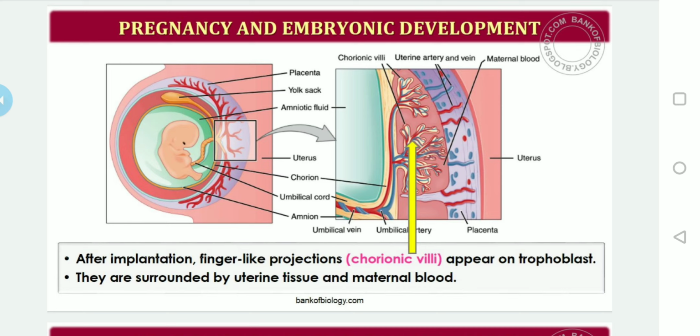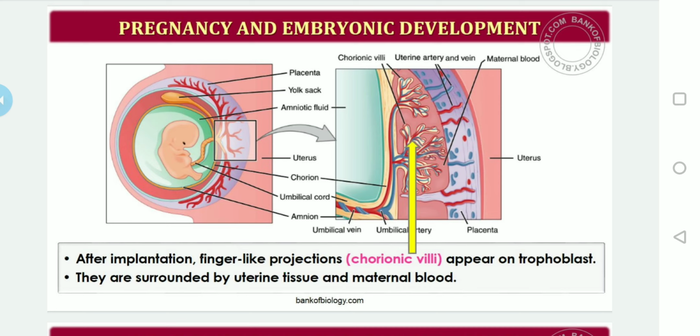Then amniotic fluid, uterus. You can also identify the chorion, the umbilical cord, and also the amnion and umbilical veins.